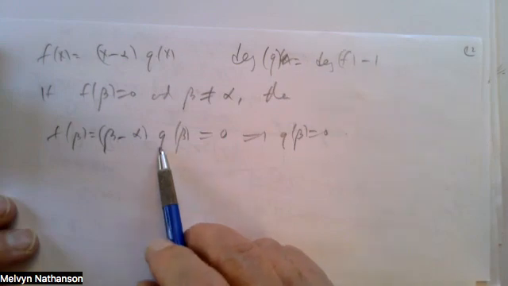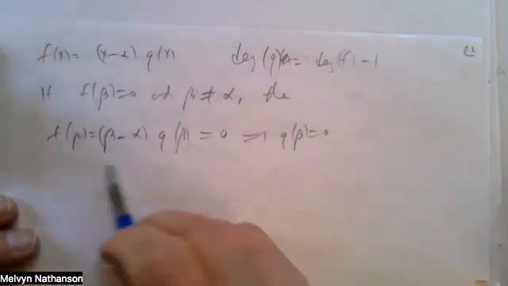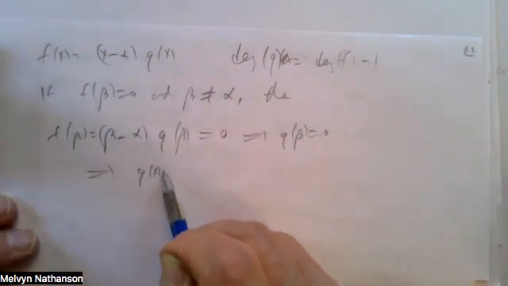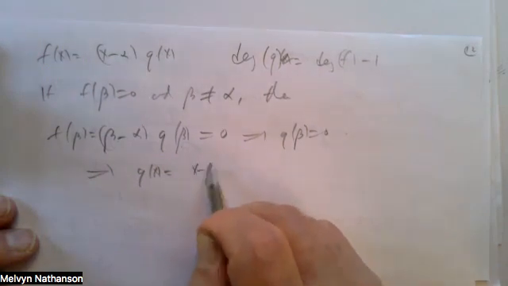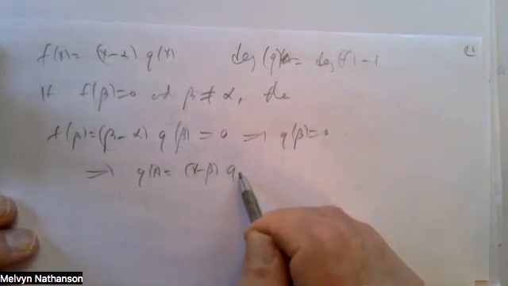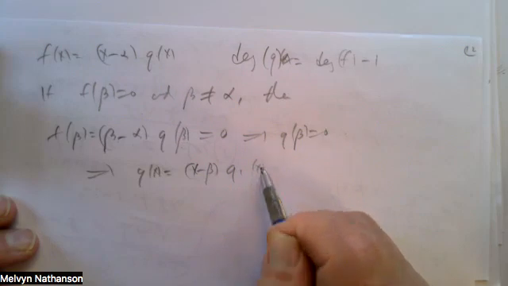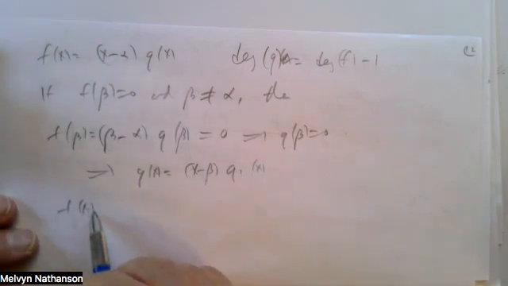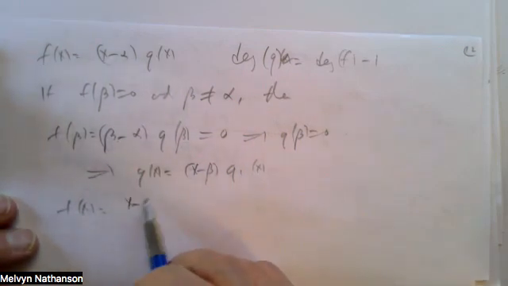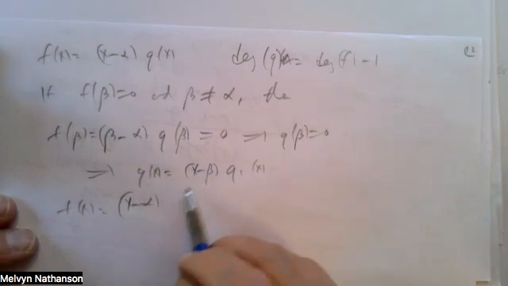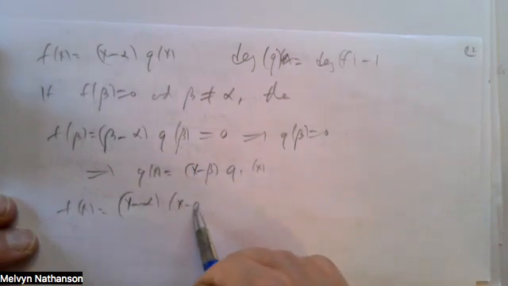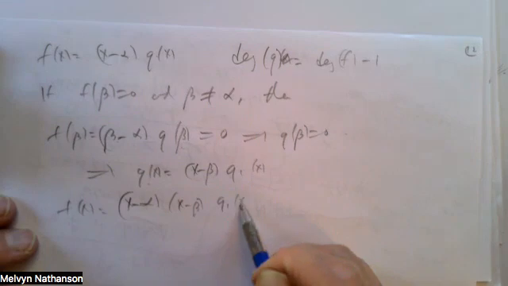So beta is a root of q. So q of x is x minus beta times, call it q1 of x. So f of x is x minus alpha, x minus beta, q1 of x.